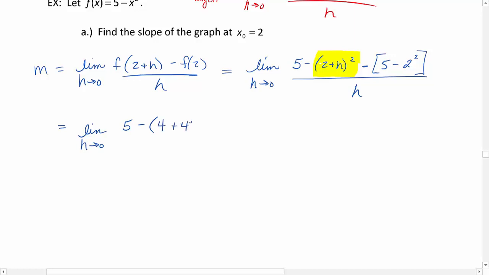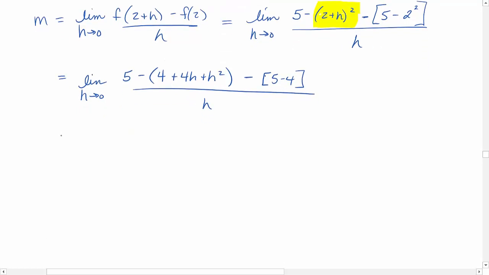We get 4 plus 4h plus h squared, and then minus 5 minus 4, all over h. This is the limit as h approaches 0 of 5 minus 4 minus 4h minus h squared minus 1, all over h.